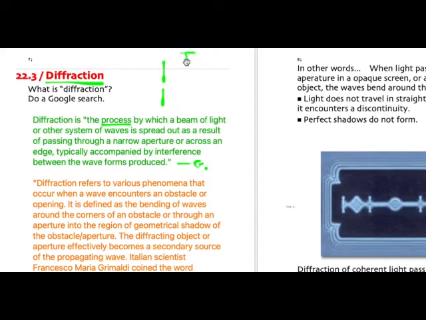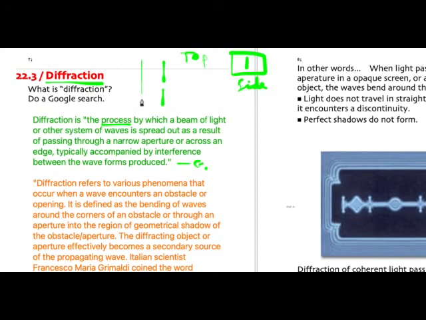So this is the top view of an opaque screen which has a slit cut in it, a little aperture. So the side view would look like this. It's the opaque screen and the slit. So here's the side view. So that's an example of an aperture.